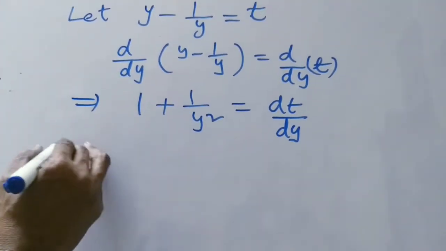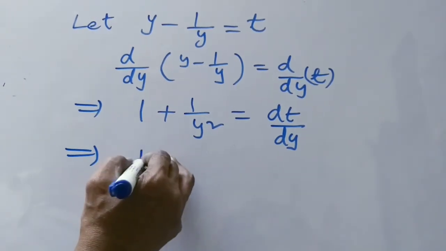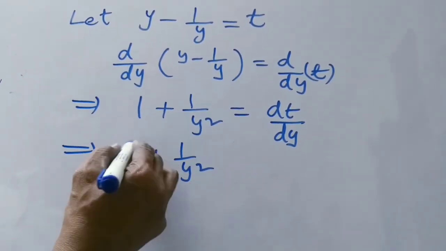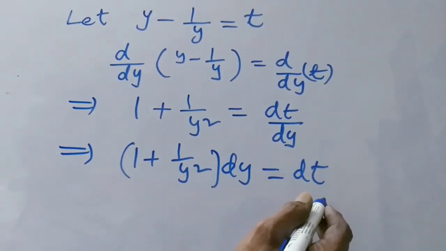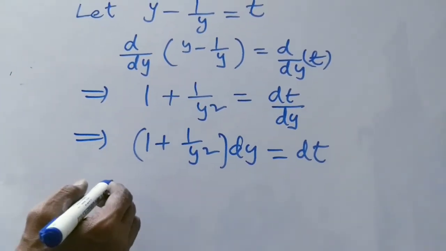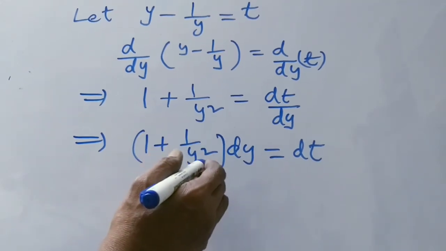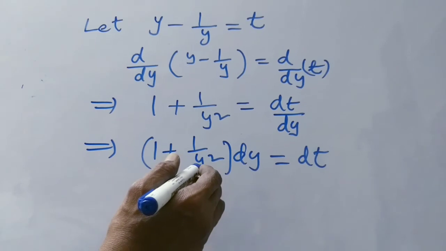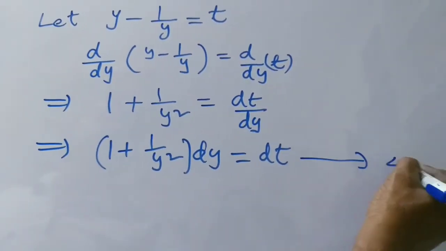On cross multiplication, 1 plus 1 by y square dy is equal to dt. It indicates the fourth one.